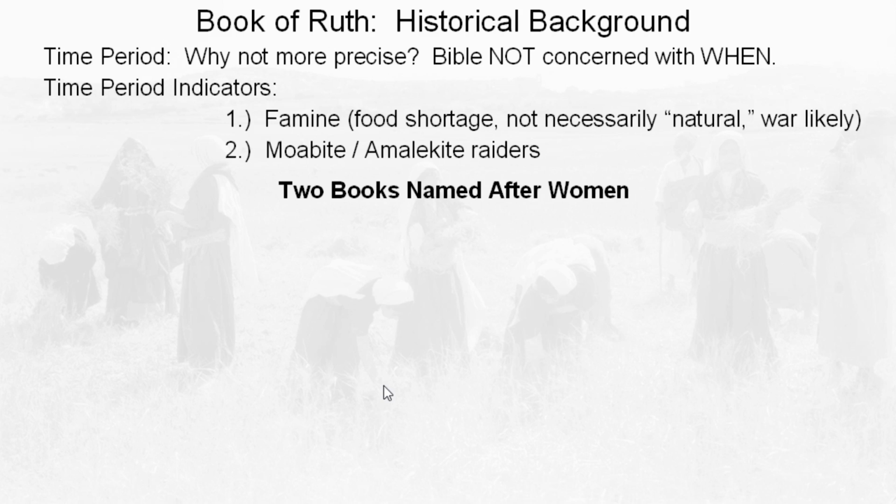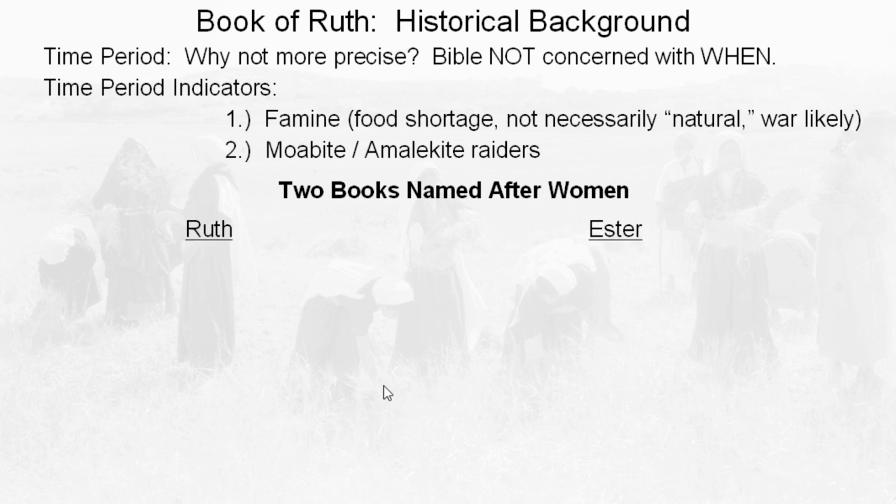So these two books, and Ruth is also one of only two books named after a Gentile. Do you know the other one? It's Job. Job was not an Israelite.